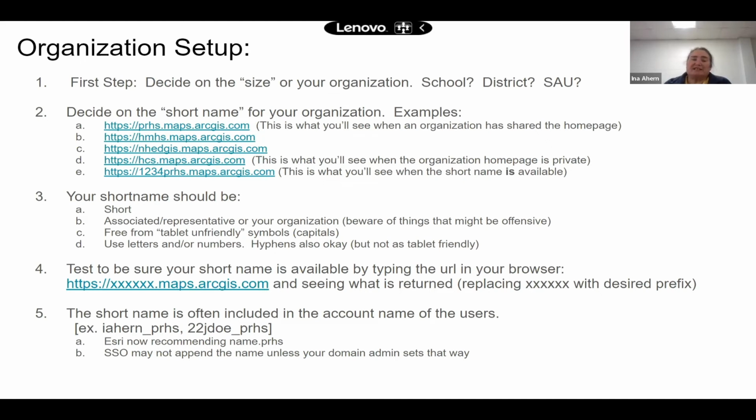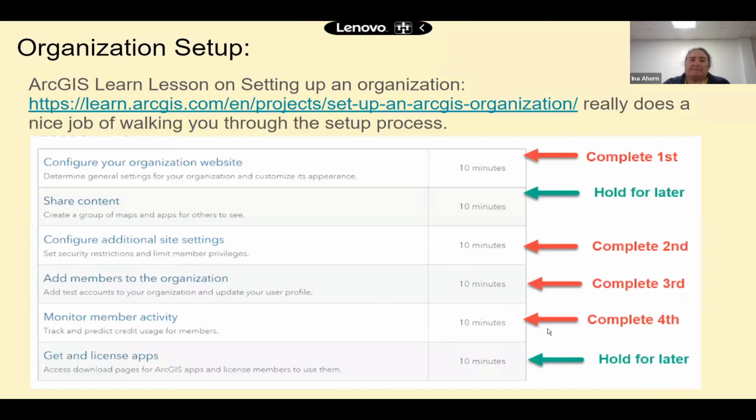If you are doing single sign-on, again, this may not get appended unless your domain admin, your IT people, have set it to happen that way. But that's something you want to consider and discuss with your IT staff.